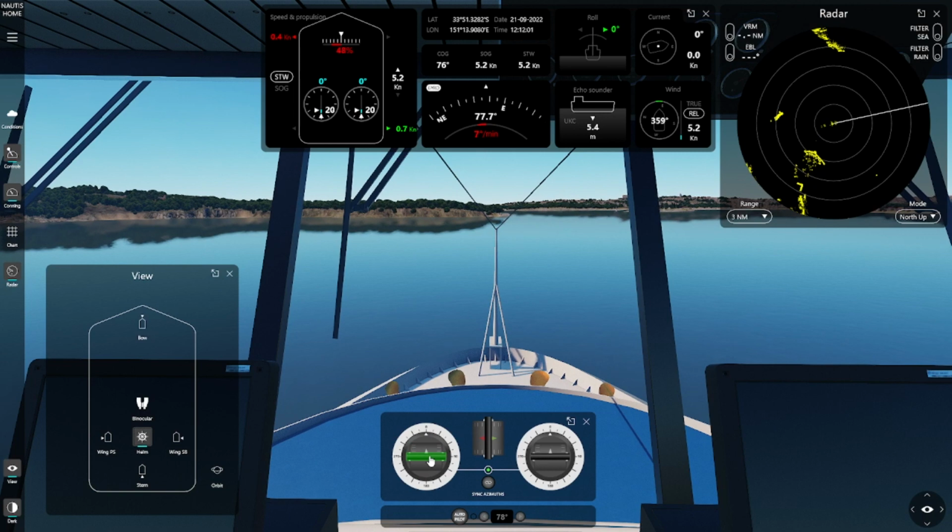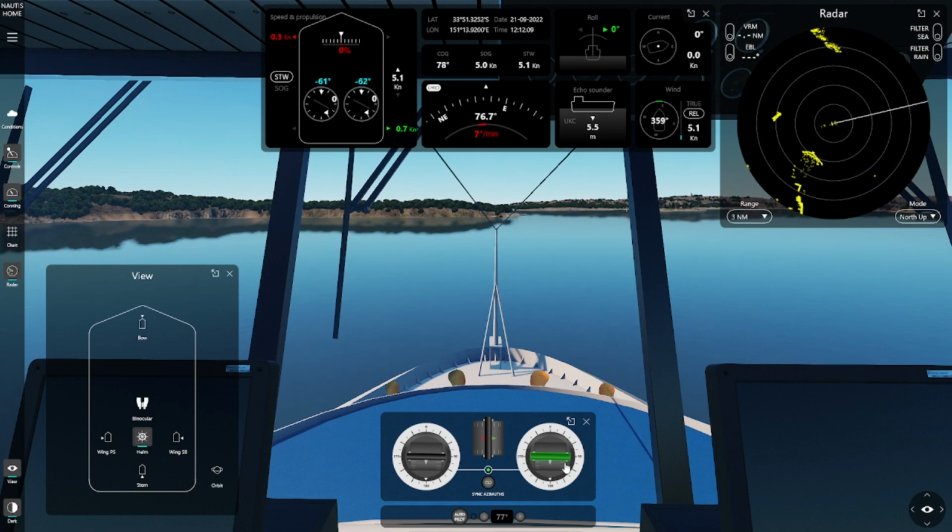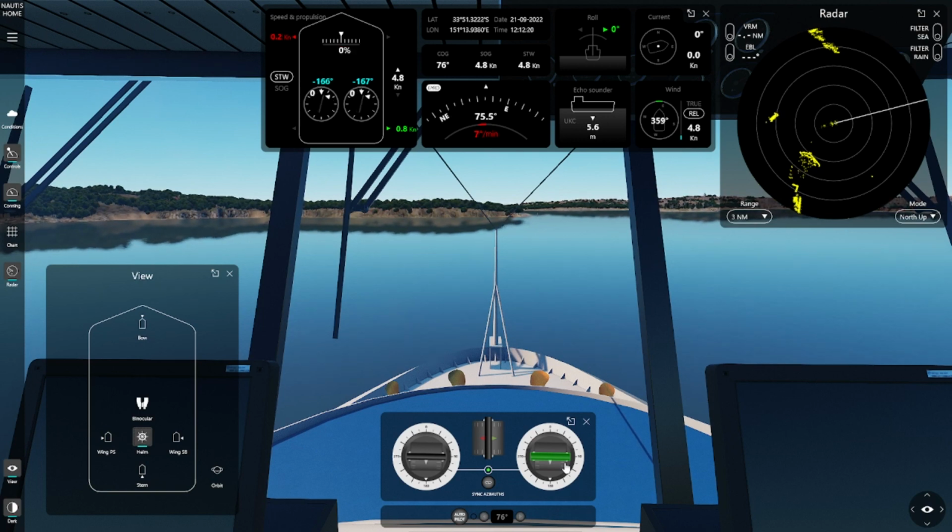Now I'm going to stop the bow thruster, and I'm going to start to slow the ship down. And you'll notice as the ship slows, the effectiveness of the thruster will start to increase dramatically. This time I'll thrust to starboard.